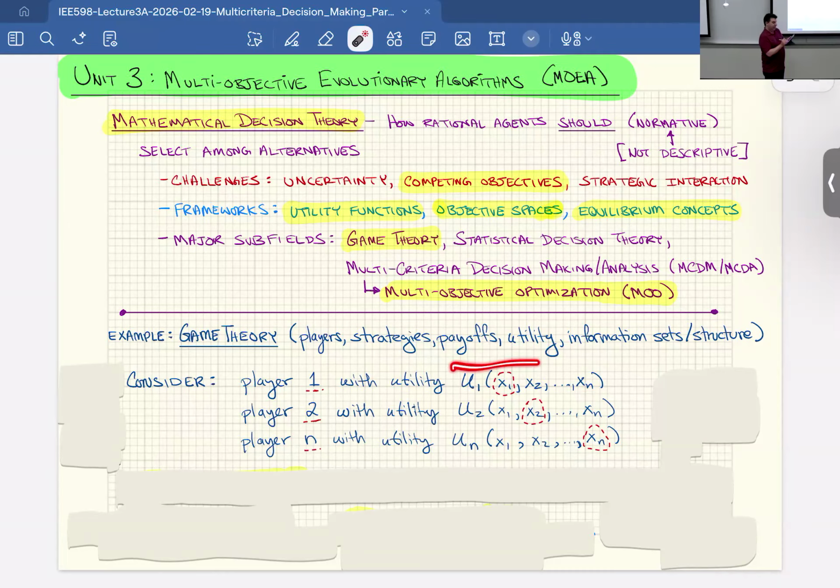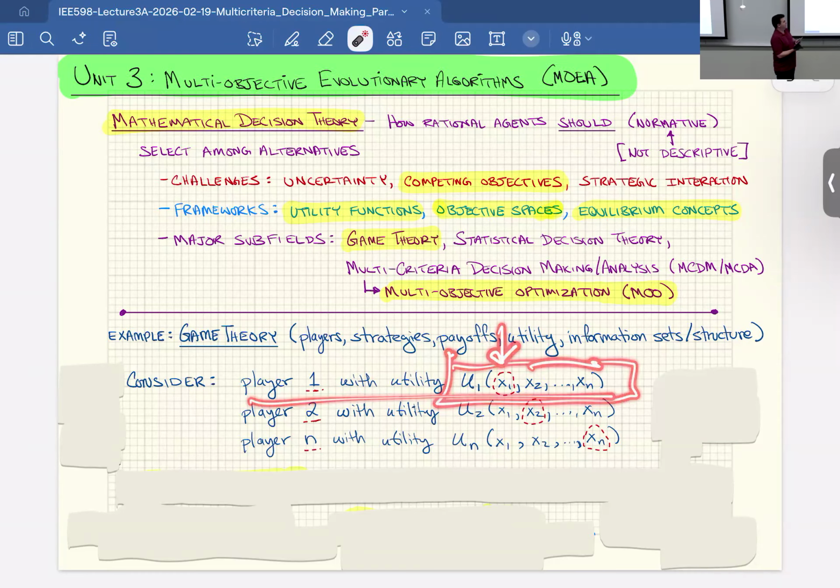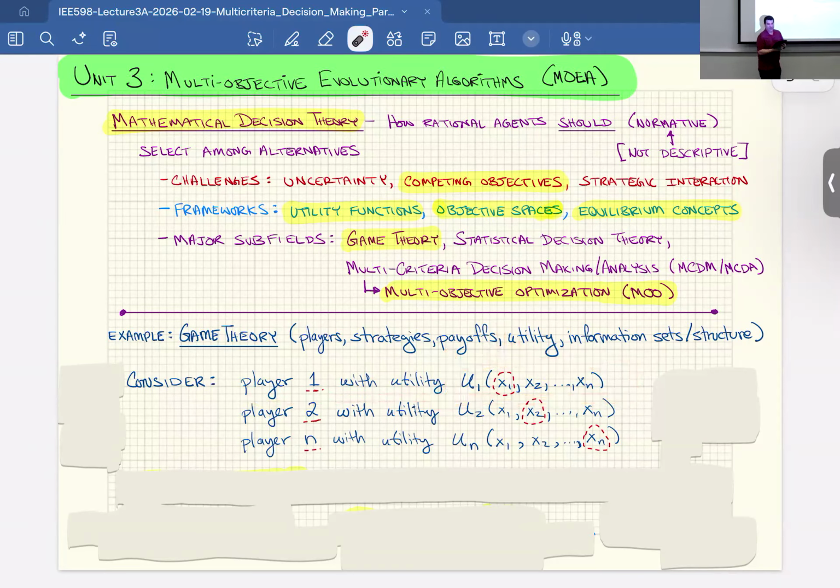So that's what we're showing here. This is a function of player one's action and everybody else's action together. So that's where we get player one with utility U1, same with 2 and N.